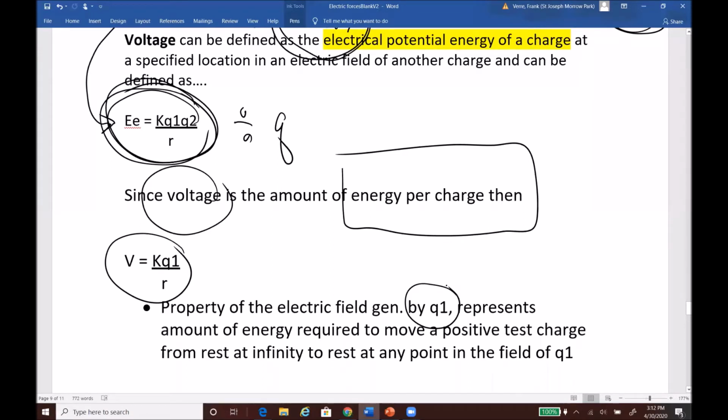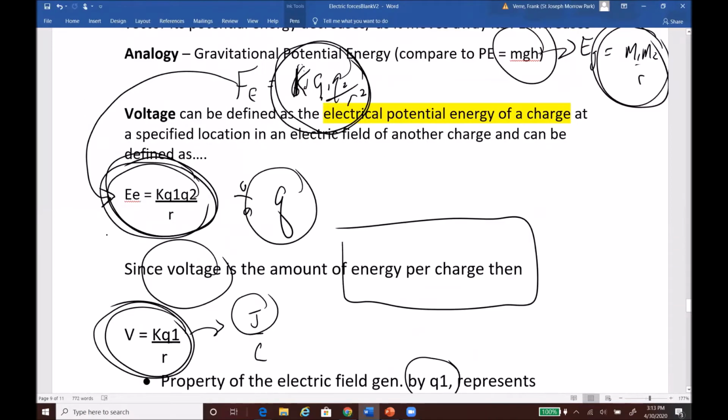If you remember from last year, the unit for volts is joules per coulomb, which makes sense because the previous formula is a way to calculate energy, which we know is joules. So now we're just dividing by a charge, which gives us the unit joules per coulomb. This is how you would derive the voltage.